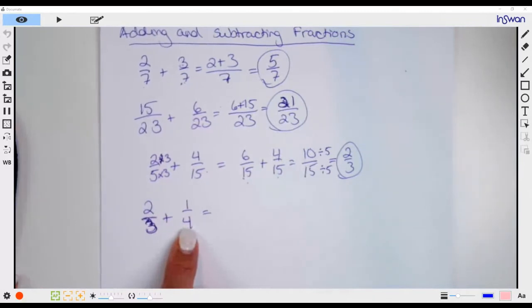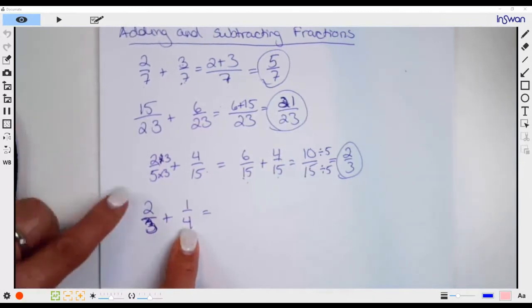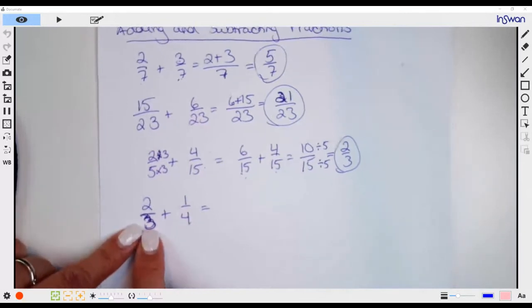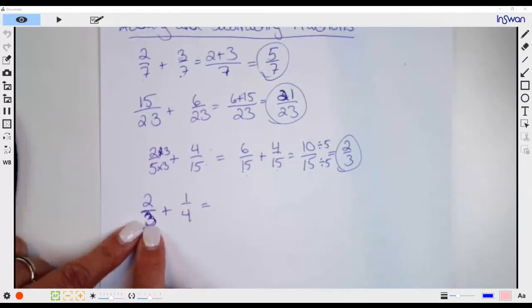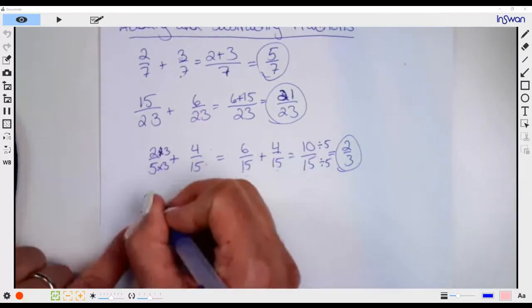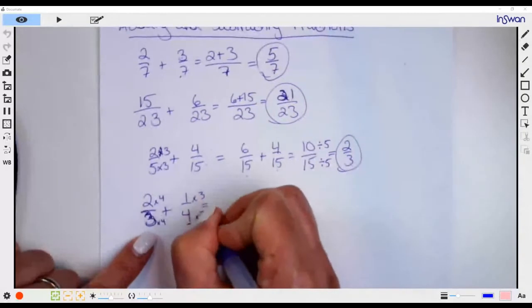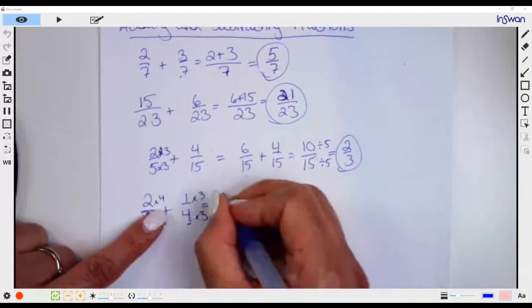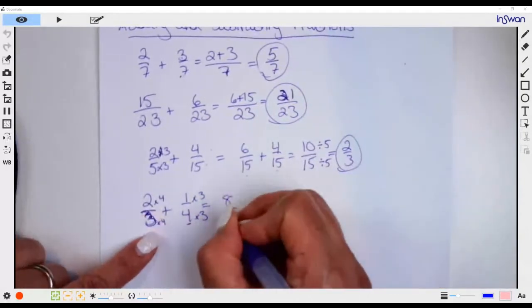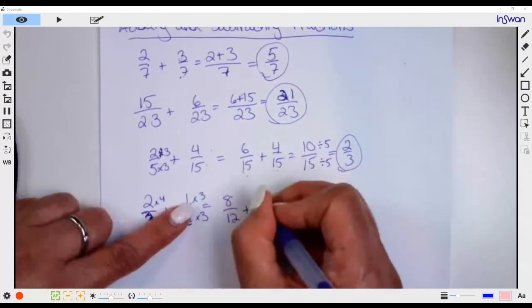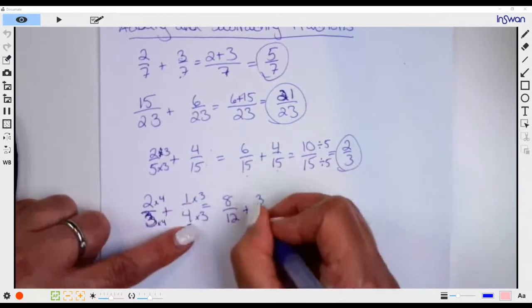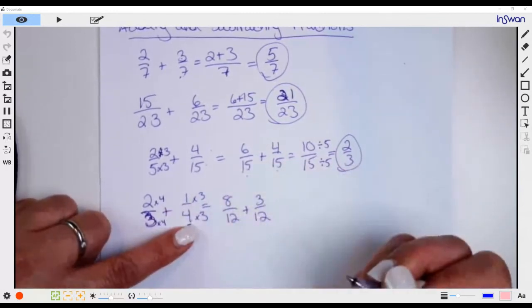So what we can do is look for common multiples. With these numbers, we can take this by 4 and multiply this by 4 and this by 3. 2 times 4 is 8, 3 times 4 is 12. 1 times 3 is 3, 4 times 3 is 12.